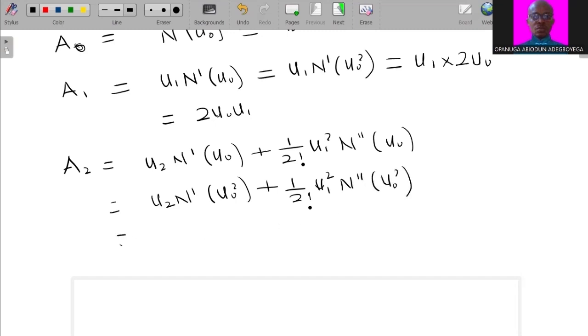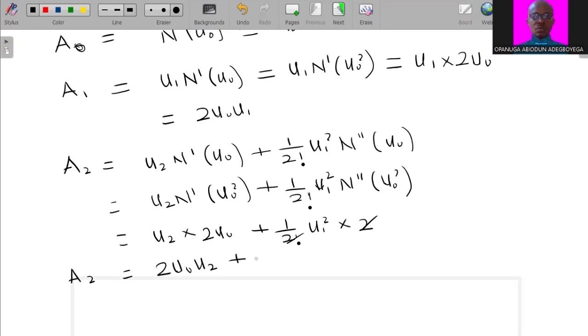So differentiating once gives 2 u_0, plus 1 over 2 factorial u_1 squared, where we differentiate twice and that gives 2. This cancels the 1 over 2 factorial. So our A_2 is going to be 2 u_0 u_2 plus u_1 squared.